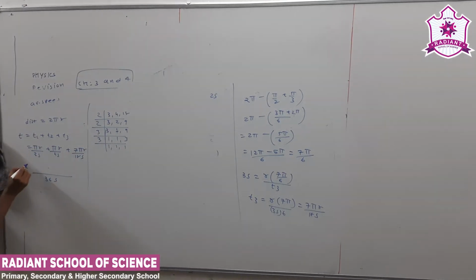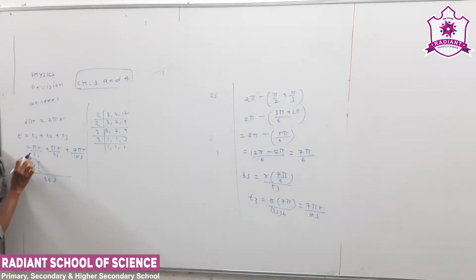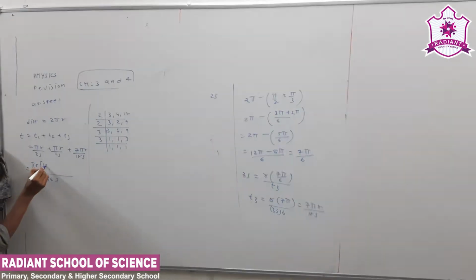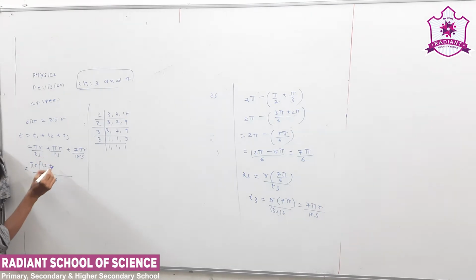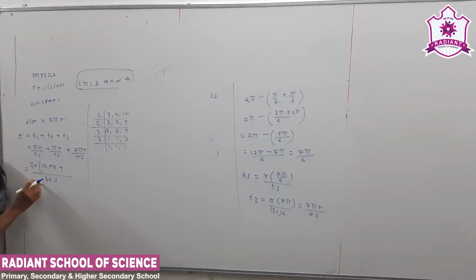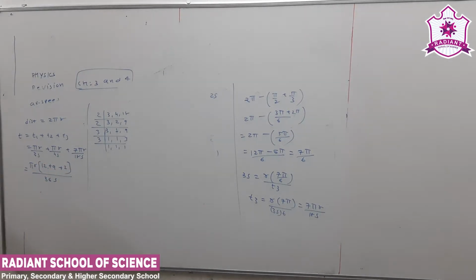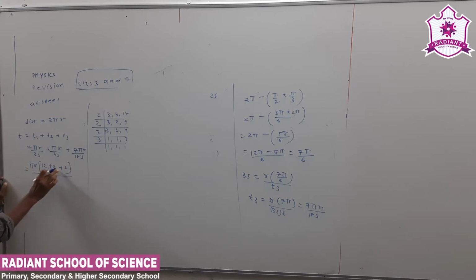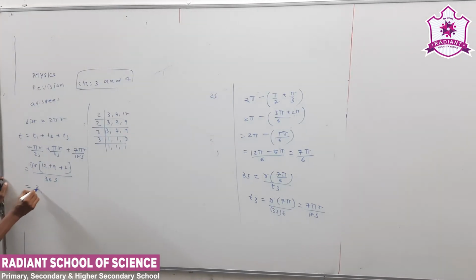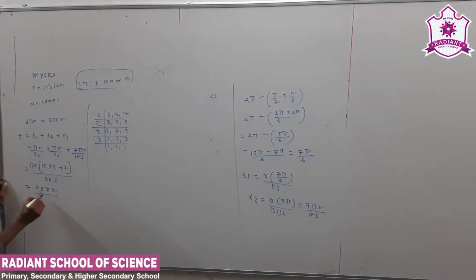Now pi r is common here. 36 upon 3 is 12, 36 upon 4 is 9, 36 upon 18 is 2. This will be 12 plus 9, 21, plus 2, 23 pi r by 36s.